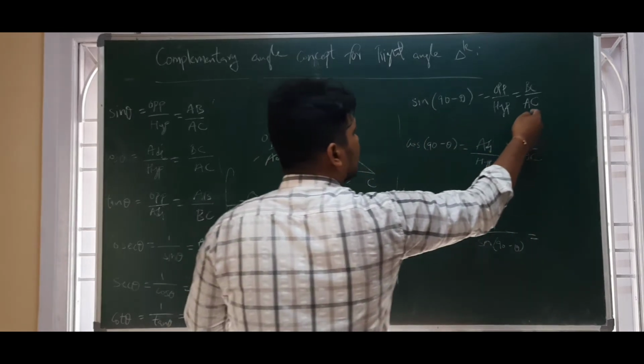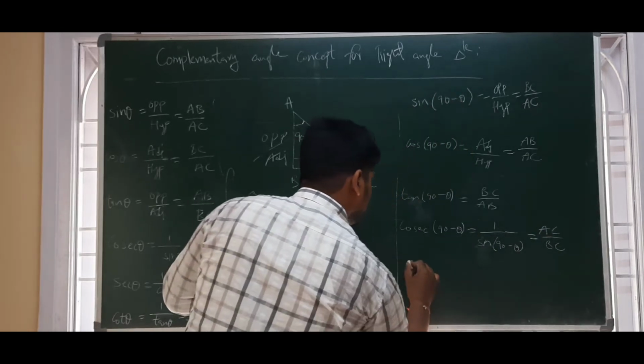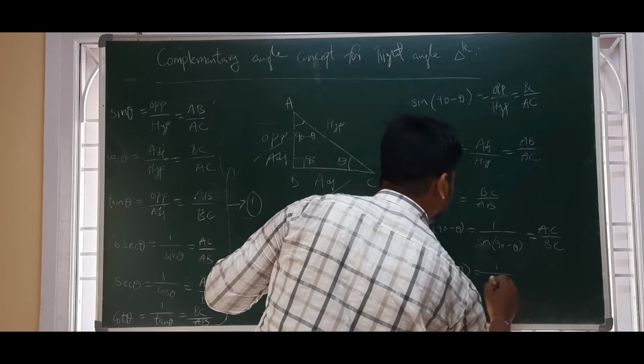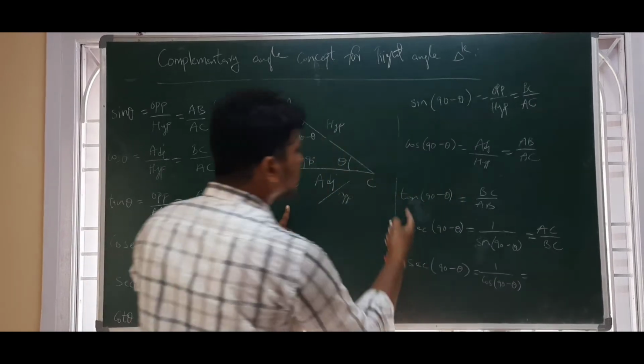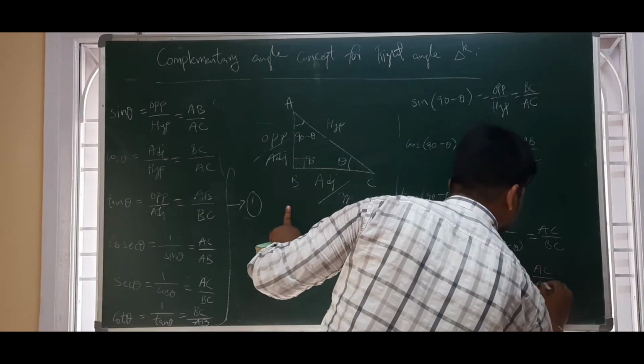What is the reciprocal? AC by BC. What is secant 90 minus theta? Reciprocal of cos 90 minus theta. What is the reciprocal? AC by AB.